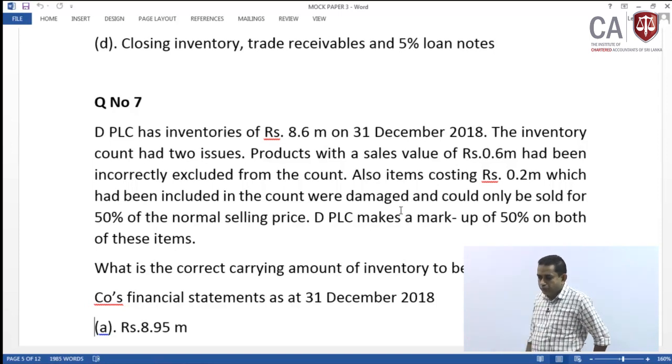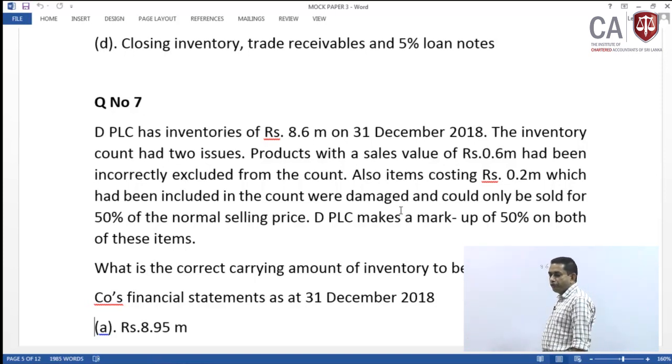Also, items costing 0.2 million which had been included in the count were damaged and could only be sold for 50% of the normal selling price. DPLC makes a markup of 50% on both of these items.